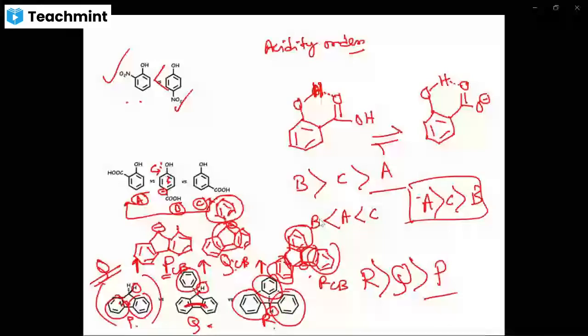That means the stability gained from going from R to RCB is the highest. Whenever we are comparing acidity or basicity, we have to compare one acid with its conjugate base, not among all the conjugate bases. So the stability gained for R is highest, then Q, and then P, and that's why R will be most acidic, then Q, and then P.